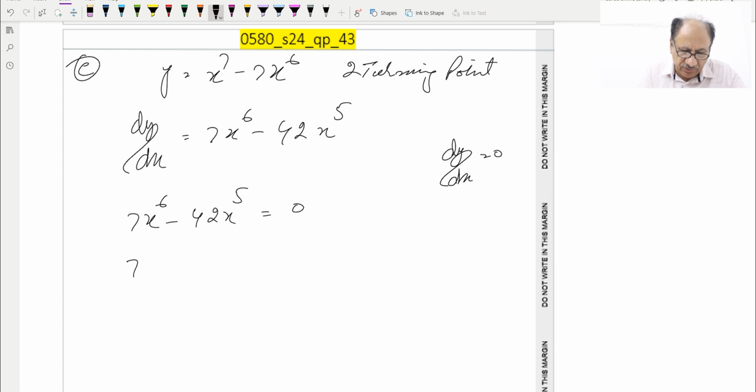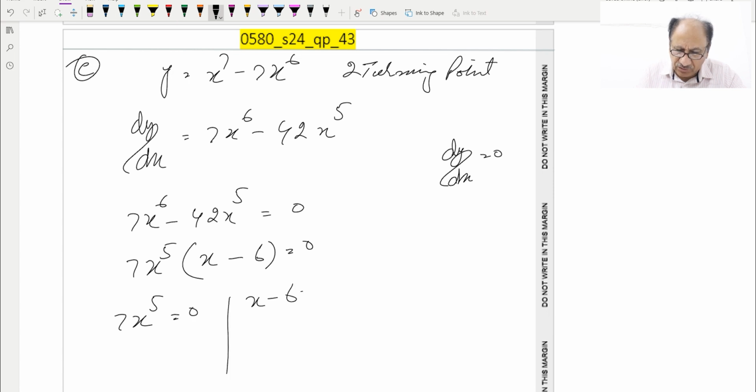We can take 7 and x raised to 5 common, so inside will be x minus 6, equal to 0. So 7x raised to 5 is equal to 0, or x minus 6 is equal to 0. So x is equal to 0 and x is equal to 6. These are the two values. Basically we need to find the coordinates of these two points.